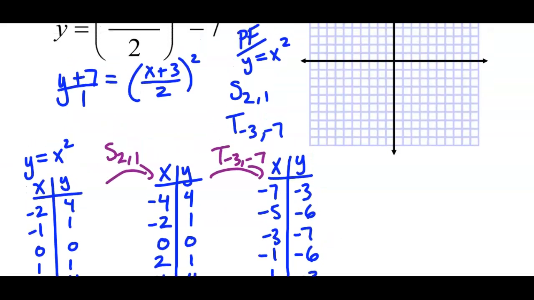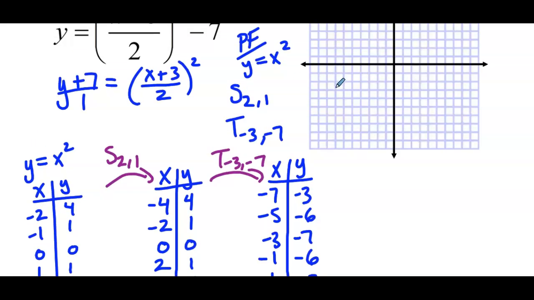Okay, so negative 7, negative 3, negative 5, negative 6, negative 3. Oh, that's negative 6, not negative 5. Got to move that over one more. So negative 5, negative 6, negative 3, negative 7, negative 1, negative 6, and 1, negative 3.